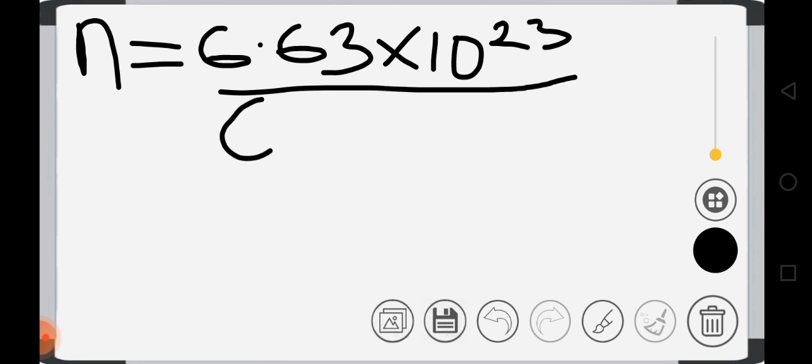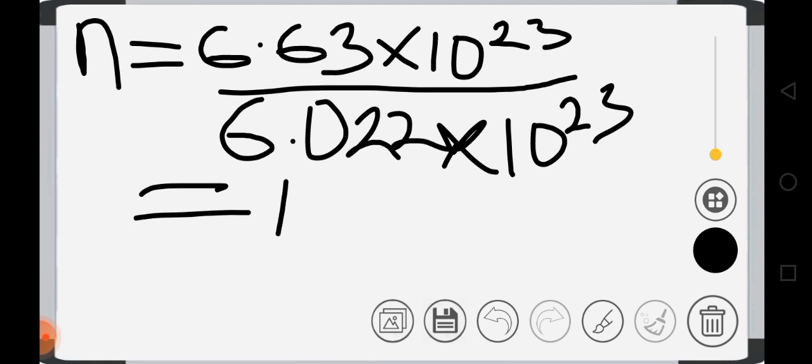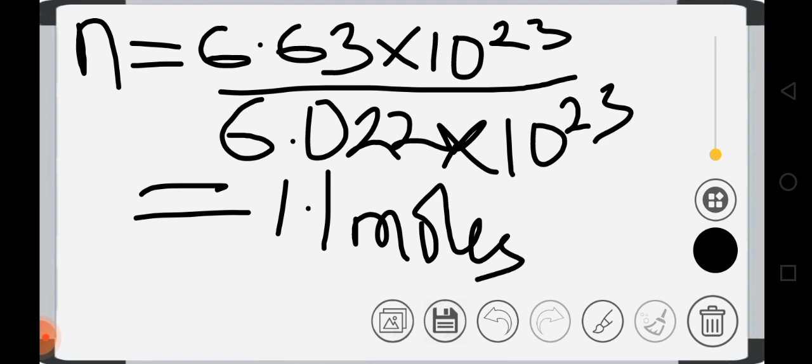Remember, this is a constant number, and it's 6.022 times 10 to the power 23 as well. If you do this, you are going to have 1.1 moles of glucose. So in this particular substance of glucose, we have 1.1 moles present. That is the number of moles, or the amount of substance, of glucose in that place.